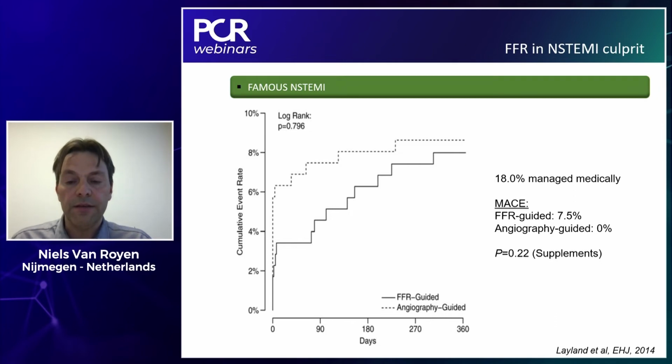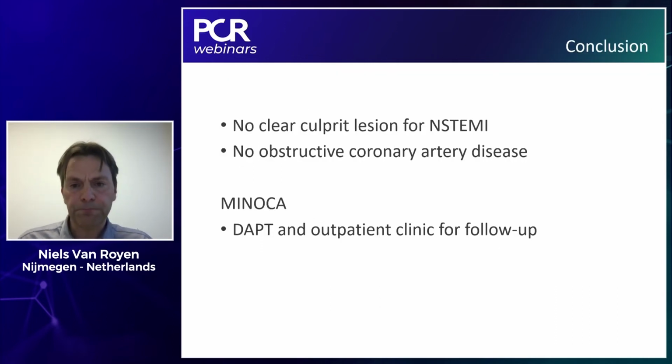At the end, as you can see, the graphs came more or less to the same level, and especially during follow-up, MACE was mainly seen in the FFR-guided group as compared to the angiography-guided group.